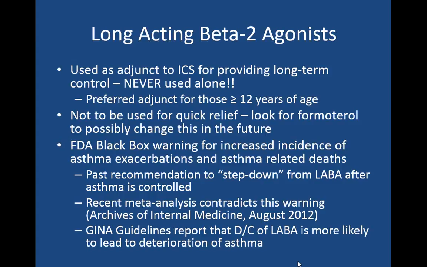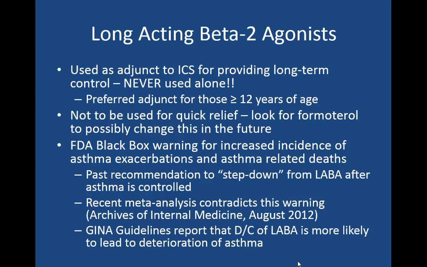What else do we have? Advair, thank you. What's in Advair? Salmeterol, and fluticasone. And that is a dry powder inhaler.